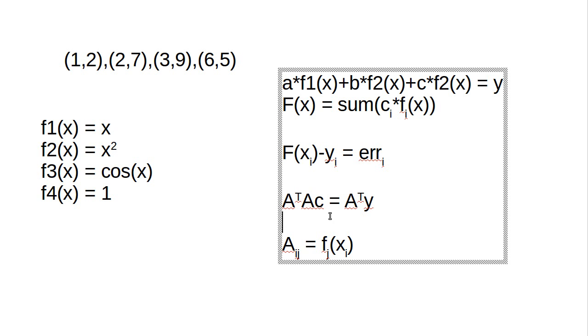If you wrote LUP earlier to solve a system of equations, you could use that same code and simply set your equation up by finding A, doing A transpose A, and then creating A transpose y as well, and calling that exact same function that you had written previously. So this basically gives you the idea of how you're going to set up for doing a least squares fit using a matrix solver. And that's it for this video.